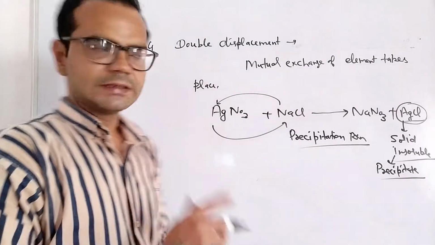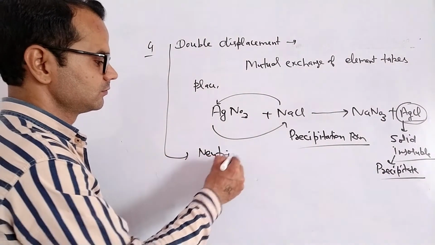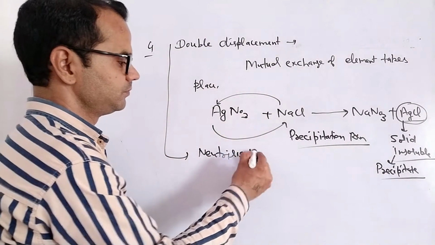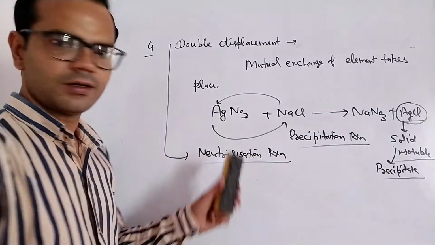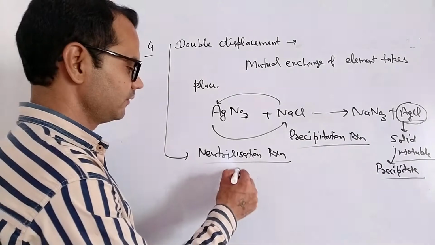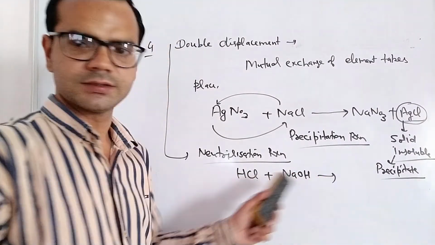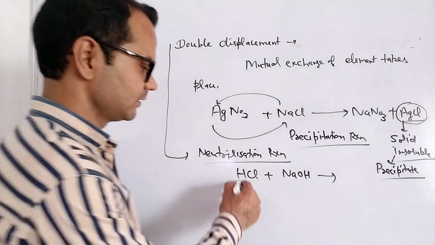Another example of double displacement reaction is the neutralization reaction. As the name indicates, it is the reaction of an acid and a base. For example, we have HCl and the base NaOH. What will happen? Double displacement.